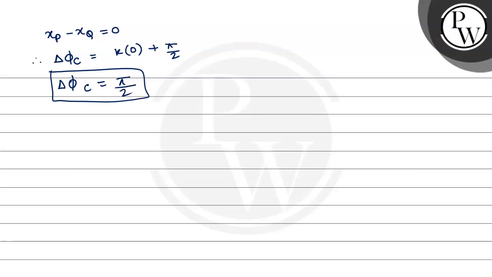So the intensities IA, IB, IC will be in the ratio of I plus I plus 2 cos delta phi.